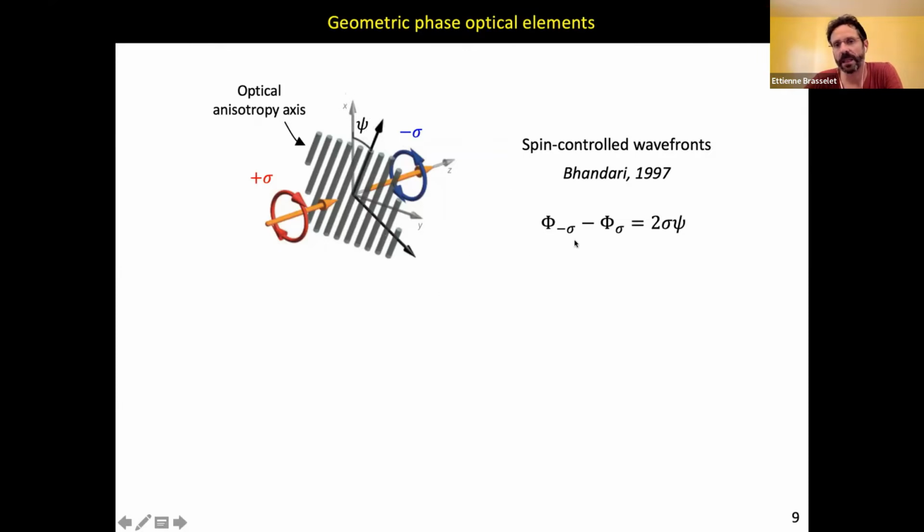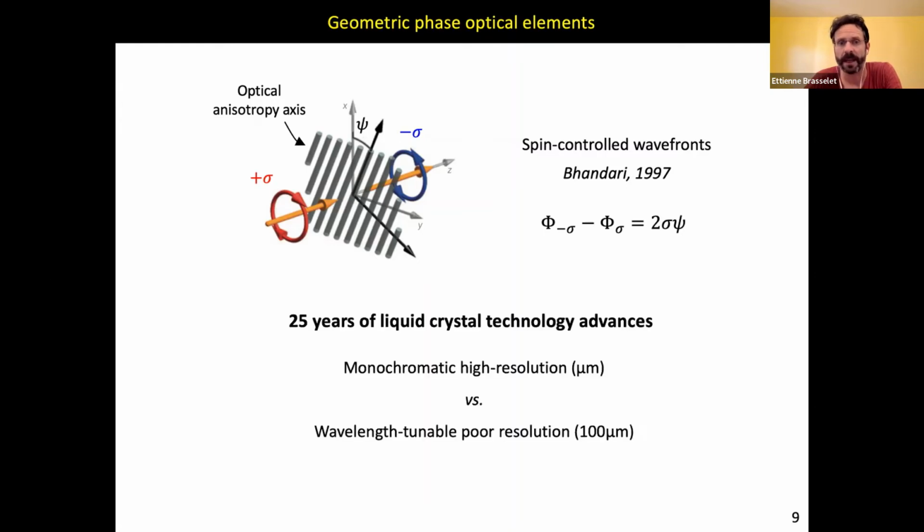From this, more than 19 years ago already, it was understood that we can shape the phase of the outgoing light emerging from such a system simply by spatially shaping the orientation of the optical axis of the anisotropic material.